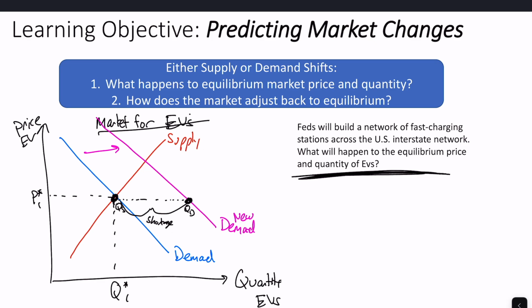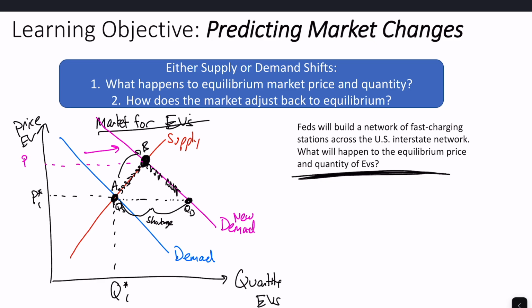Whenever there's a shortage, buyers and sellers will bid up the price of this market, reducing the quantity of that shortage until we get to that new equilibrium B. So we start from equilibrium point A and we move to equilibrium point B. What does that do to our prices and quantities?